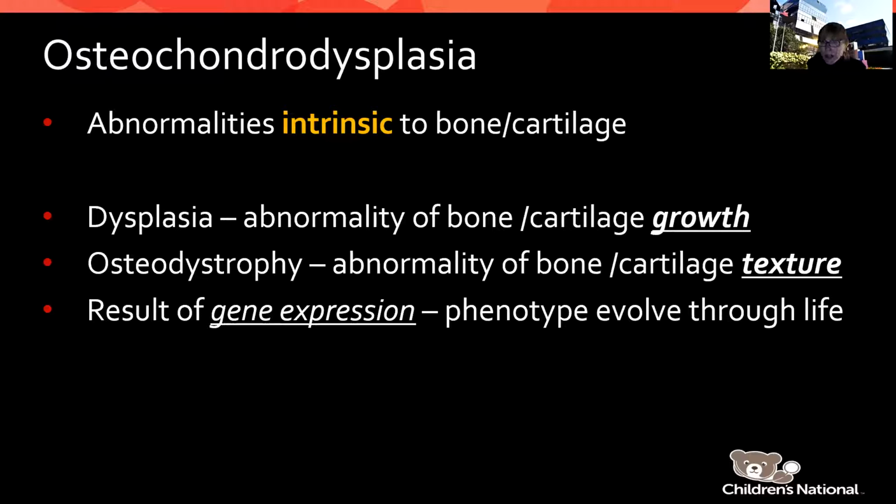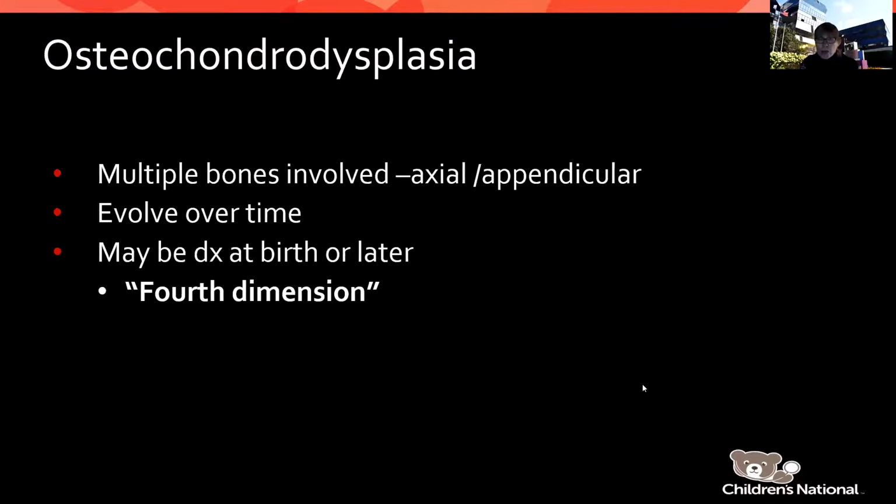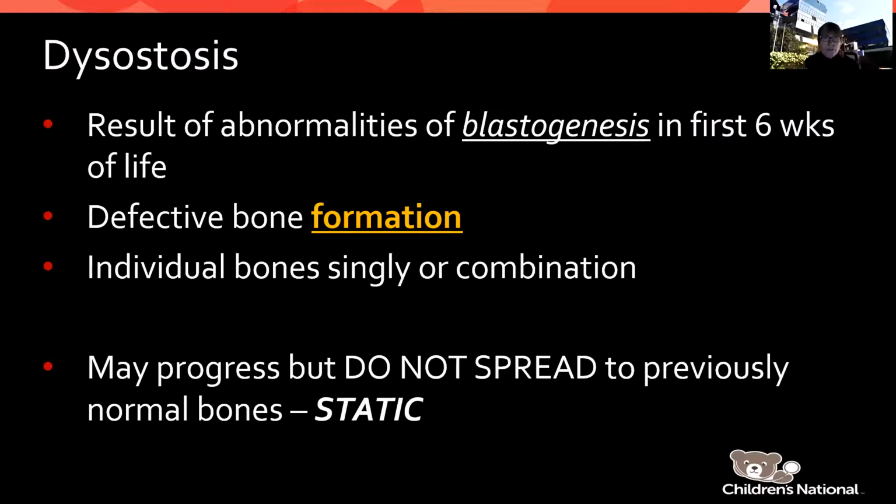So it's not that unusual to have a skeletal survey in the newborn period not give us the information we need, and yet it becomes very obvious when you repeat it at 10 or 12 years of age. So we talk about the fourth dimension, that it does change over time, and it may either be an Aunt Minnie early on, or it becomes more obvious in the future.